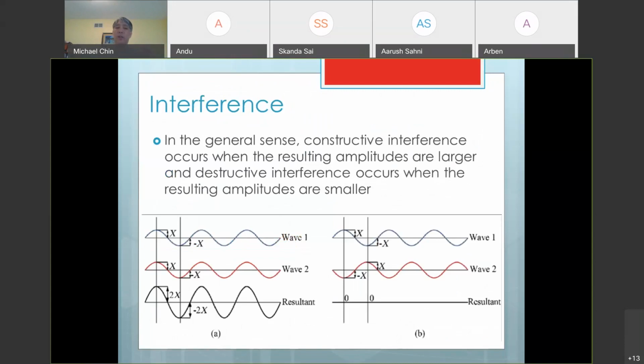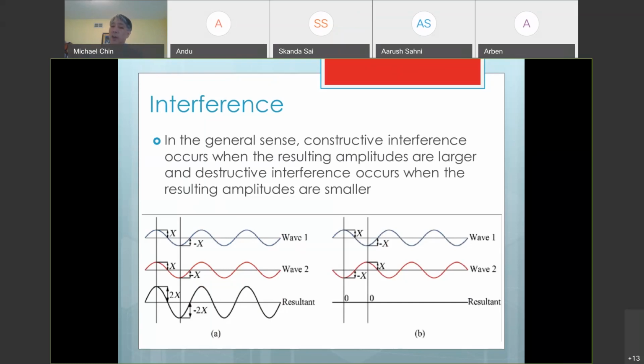Interference, when we talk about sound waves and sine waves, in this case we still have constructive or destructive interference. My waves are both going from the left side to the right side of the screen. When they are in phase, basically meaning they're both at the same phase of their sine wave, it's constructive interference, and I simply end up with a bigger sine wave, one with twice the amplitude.